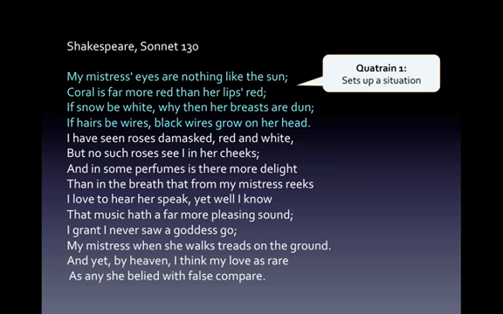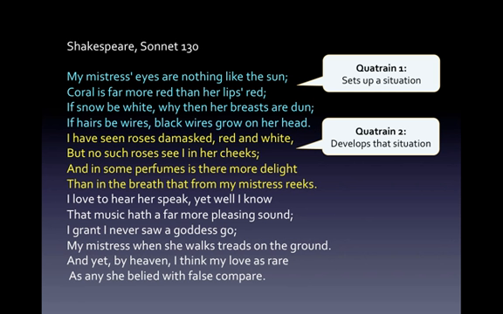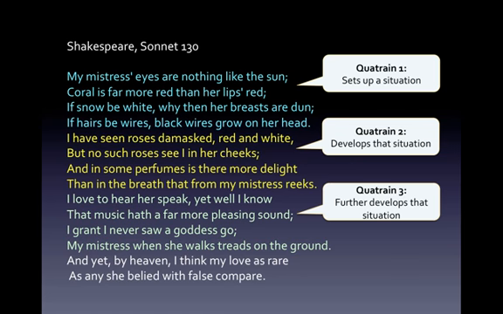Here is the first quatrain, lines 1 through 4. The first quatrain sets up the situation. The second quatrain, lines 5 through 8, develops that situation, building upon the idea expressed in quatrain 1. The third quatrain develops that idea further still, building on the ideas expressed in quatrains 1 and 2.